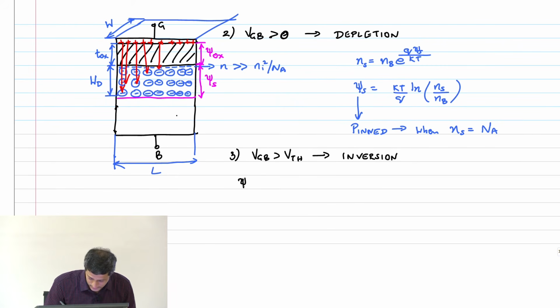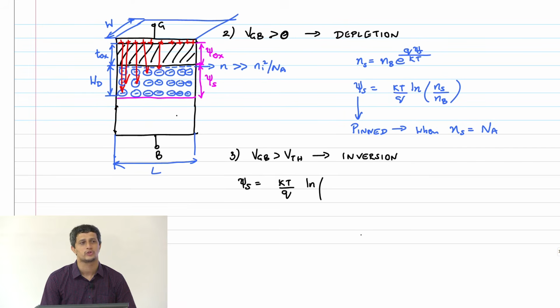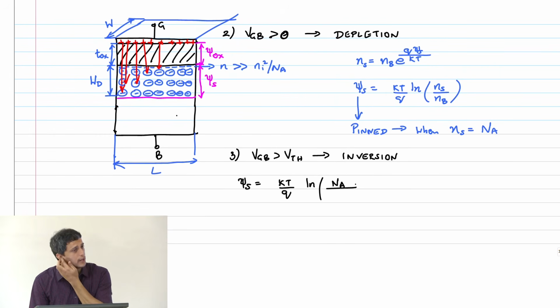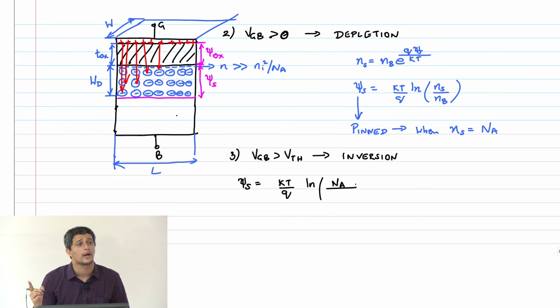So now let us calculate this surface potential that is going to get pinned. What is this psi s? It is kT by q ln of, we said that the surface charge concentration should be Na. And what is the bulk electron concentration? Ni squared by Na, since the hole concentration is Na.